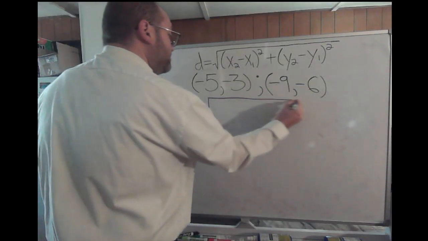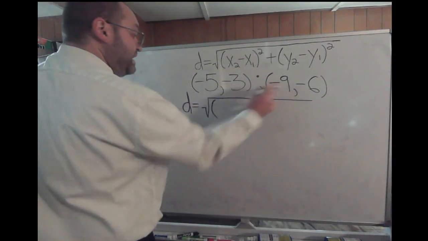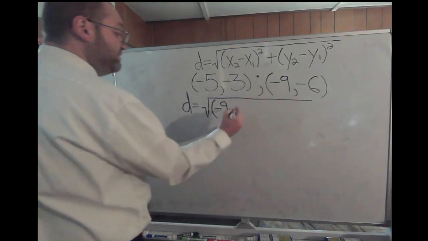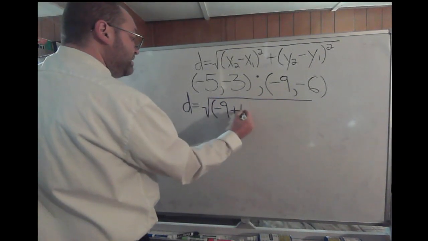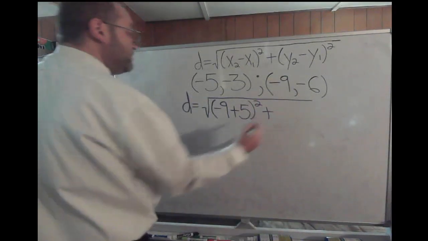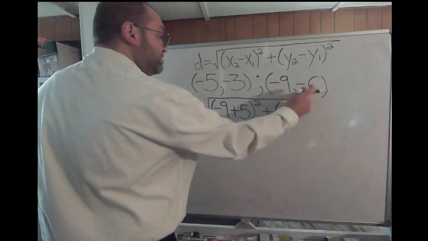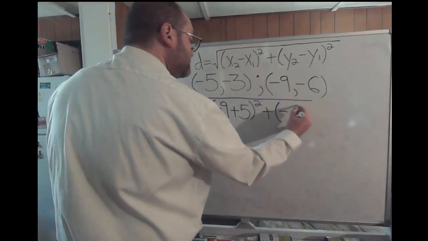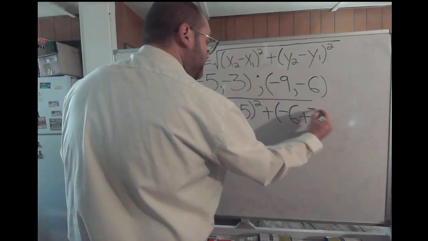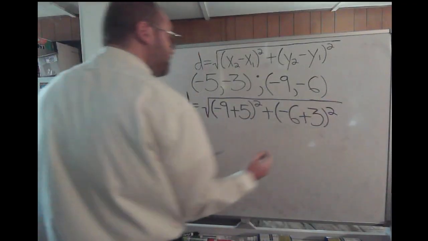Take the square root of this whole mess. So the x2, that's going to be -9 minus -5. That would actually turn into +5, raised to the second power. Plus then we have y2, which is -6 minus -3, which would actually be +3. That'll be raised to the second power.